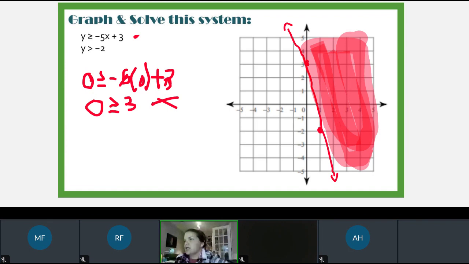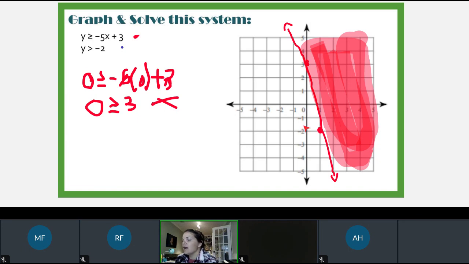All right, now I'm going to show you how to graph this next one. Notice we don't have a slope here. Okay, so this says that all of the y values are greater than negative 2. So that means it does not matter what our x value is going across here.